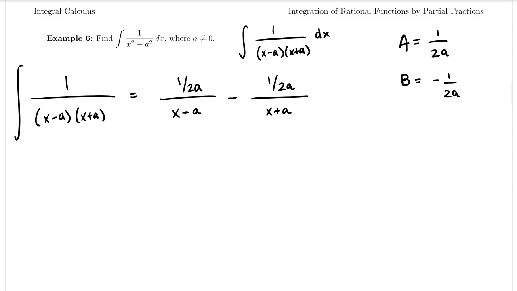So I want to take the integral of this, and I can integrate this. I'm going to split that up into two separate integrals, and I'm also going to factor out the numerators. Remember, lowercase a is a constant, so I can do this.